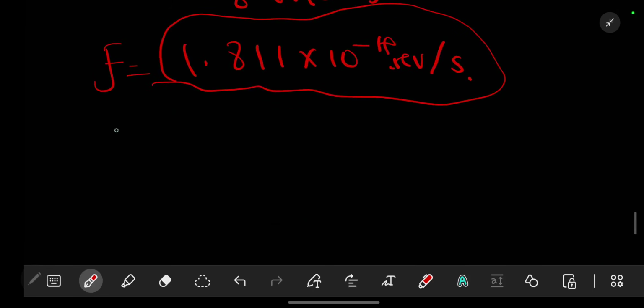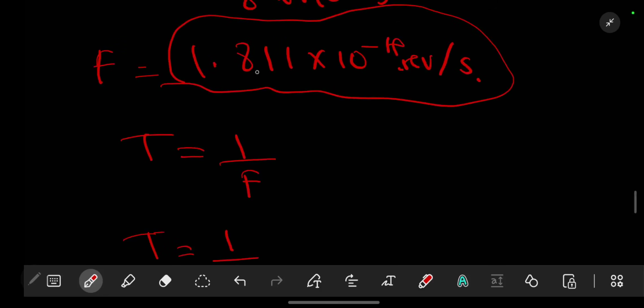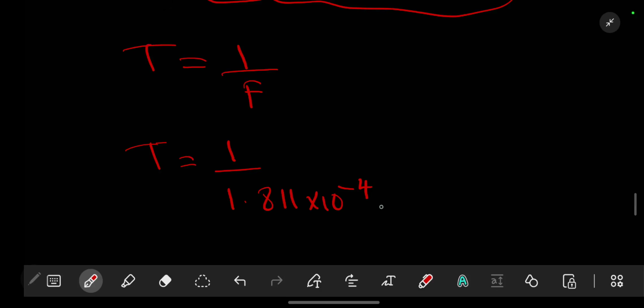So we are going to convert the frequency into period. We know that the period is the inverse of the frequency. So this gives us the period to be equal to 1 over our frequency, which is 1.811 times 10 to the power negative 4 revolutions per second.